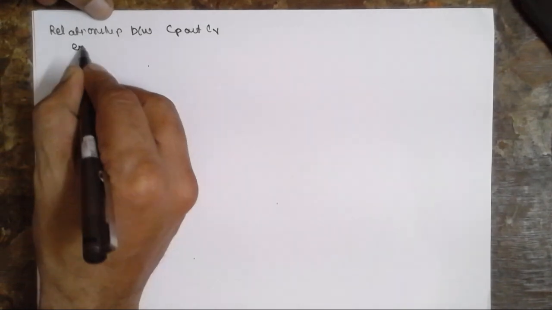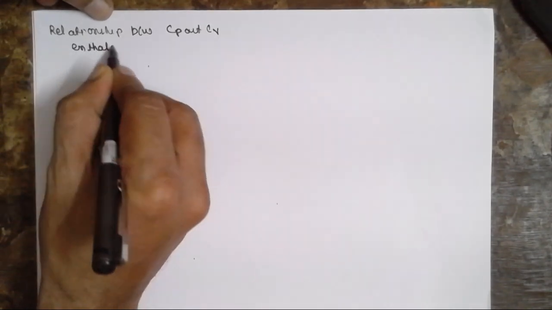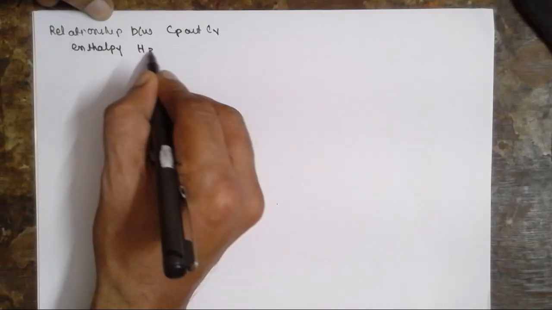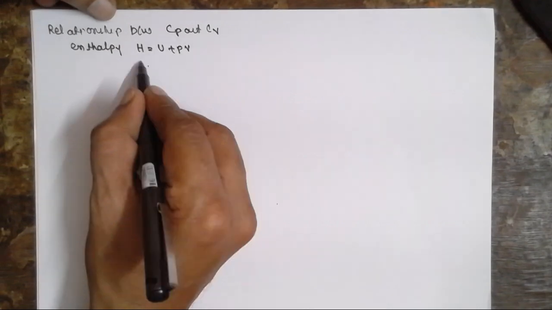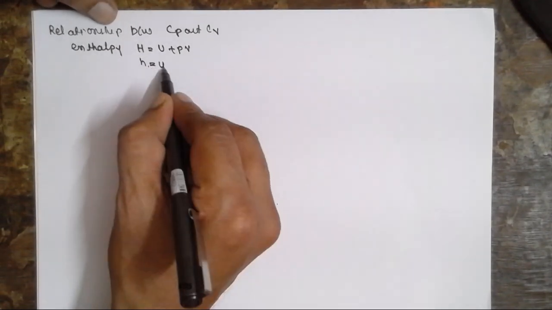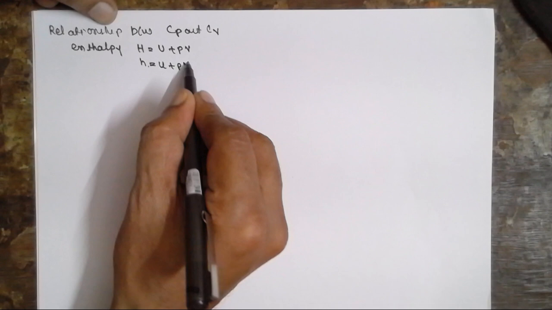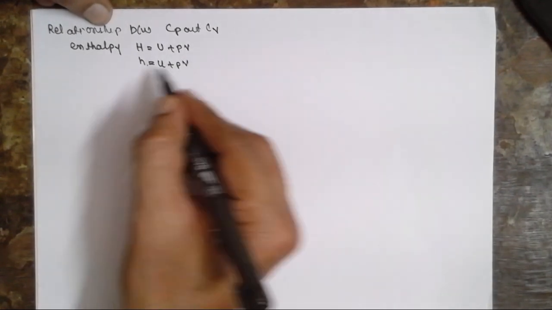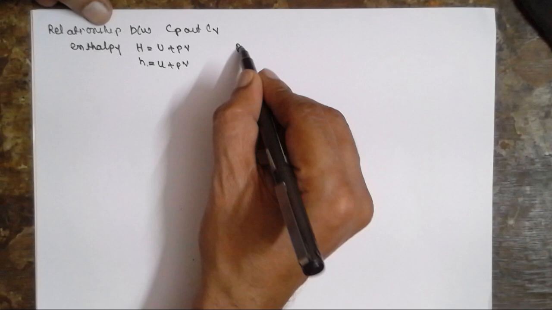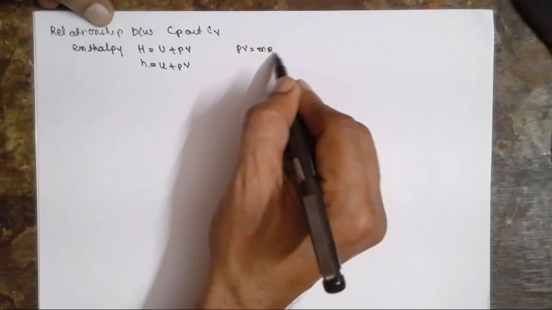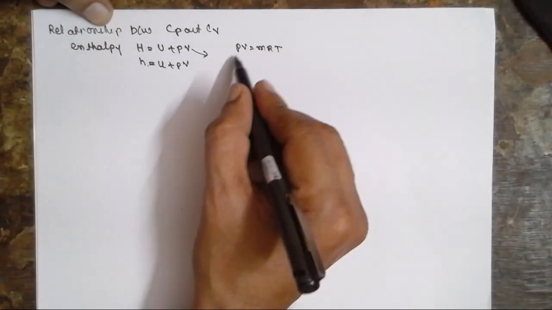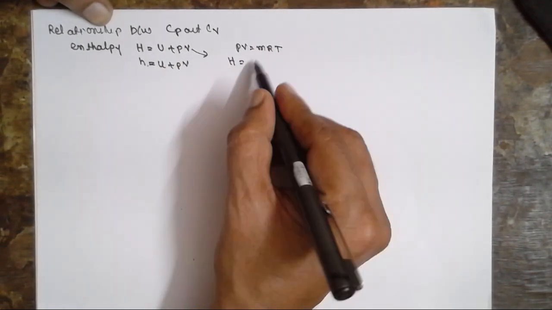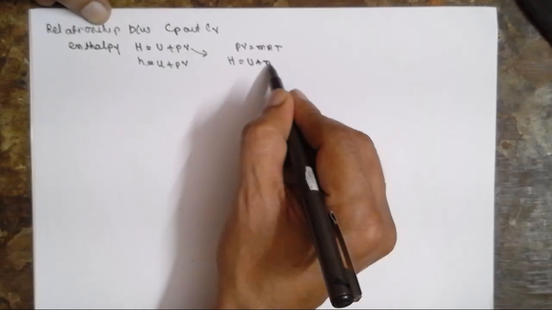We know that enthalpy H is equal to U plus PV. Per unit mass, it becomes small h equals small u plus small pv. Now PV can be written as MRT. For an ideal gas, PV is equal to MRT.